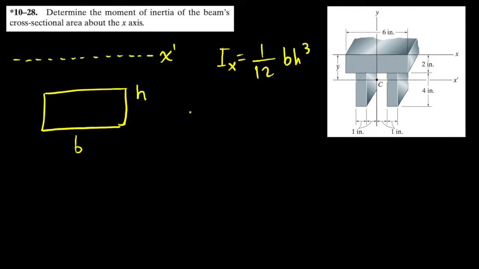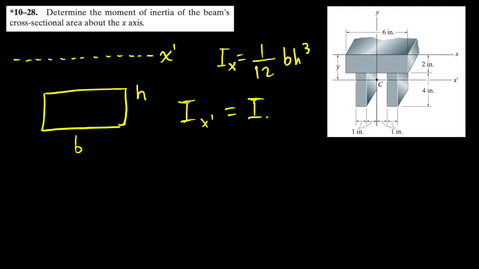In that case, we would use this equation where the second moment of inertia about x prime will be shown by the original moment of inertia calculation, where we assume it goes through the center of the rectangle.